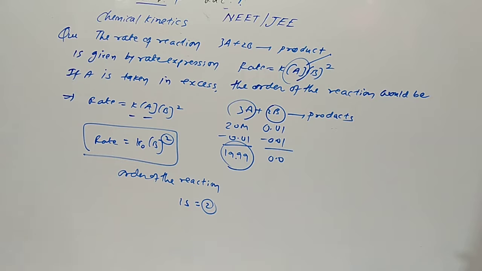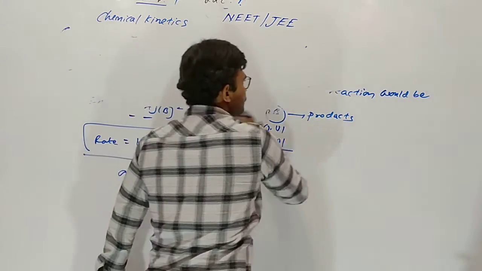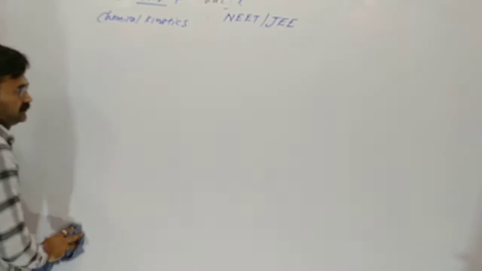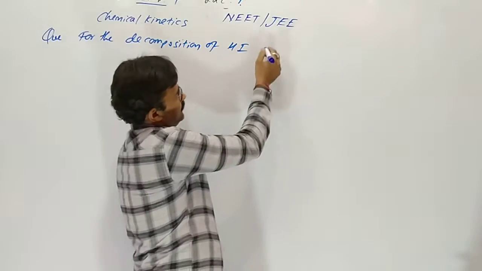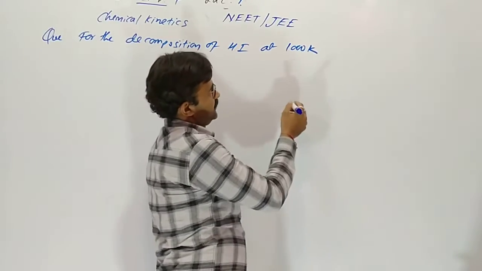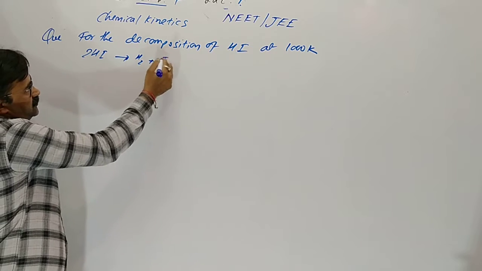Now next question. For the decomposition of HI at 1000 Kelvin, 2HI gives H2 plus I2.